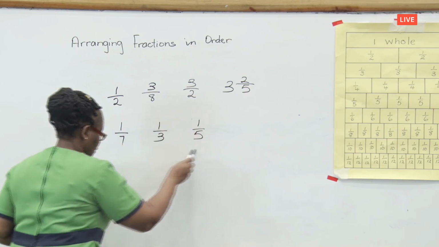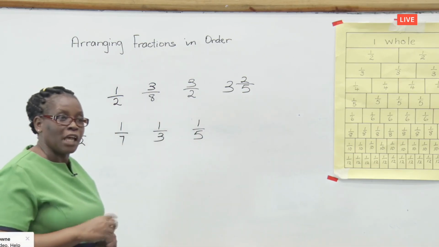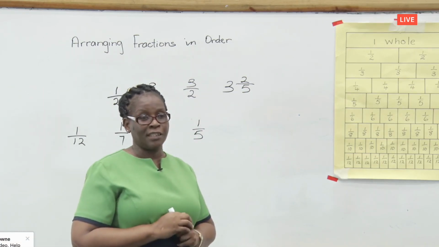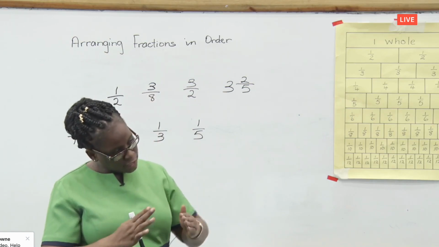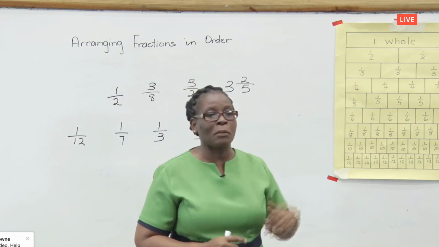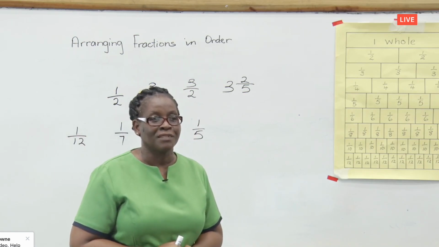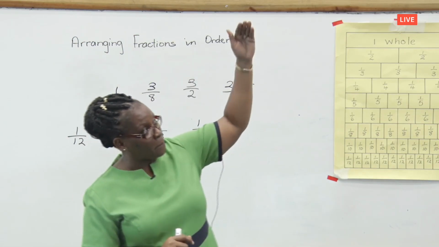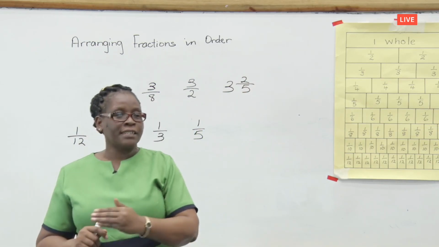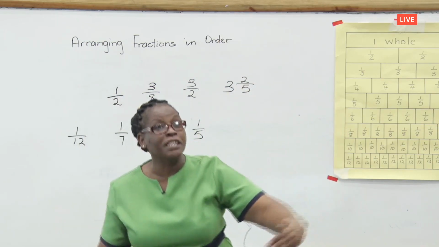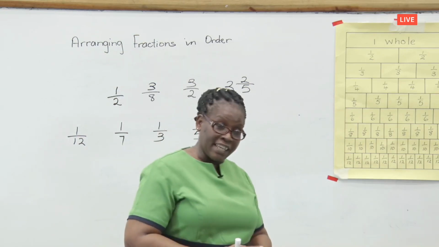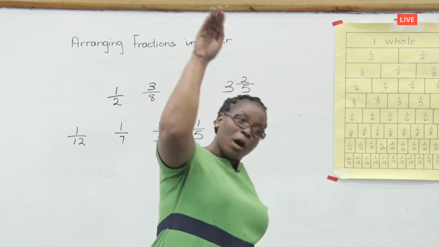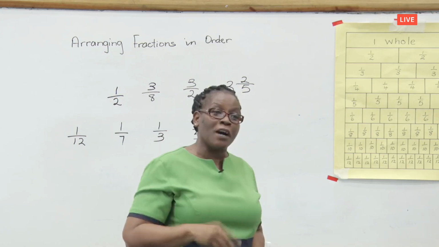So we are going to arrange these fractions. And remember, we can arrange them in 2 different ways. If I am going from the smallest to the biggest, remember what we call that? Yes, ascending order. And if I am going from the biggest to the smallest, we are descending, we are coming down. I normally like to say ascending, you're going above.